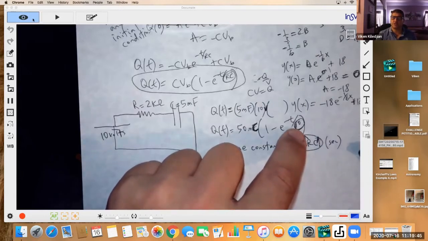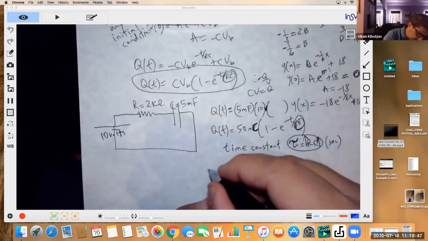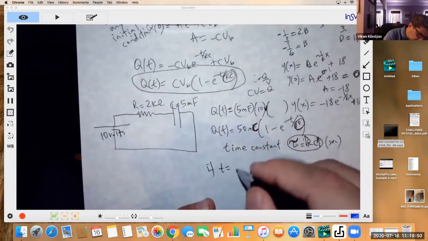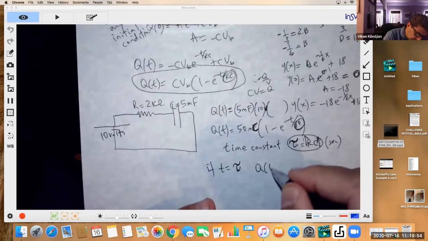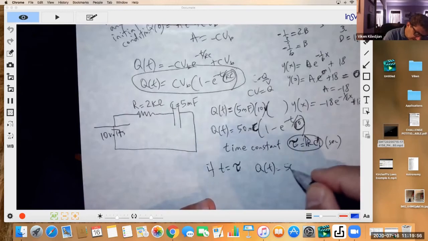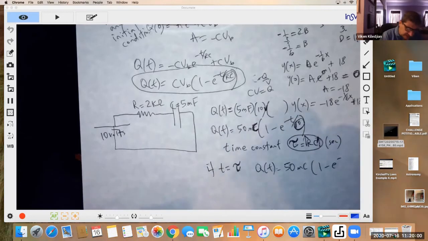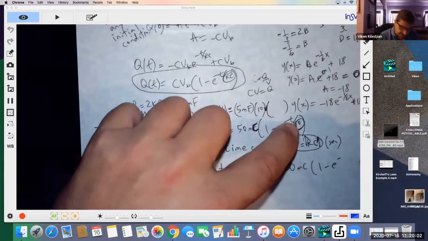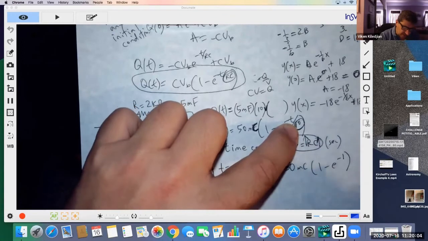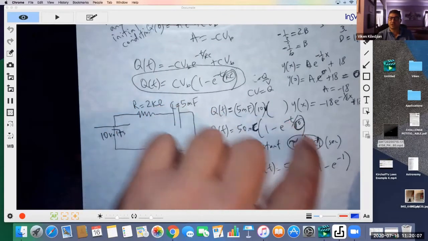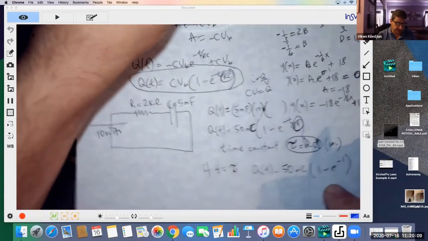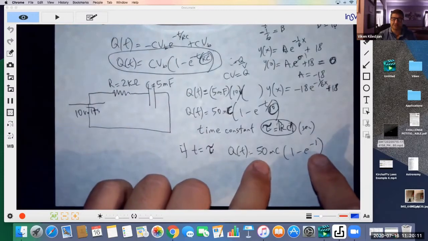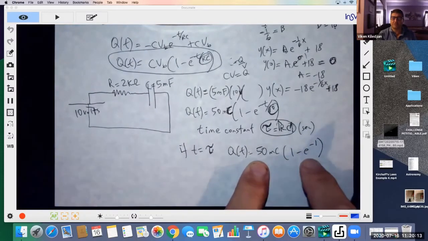So in one time constant, what's going to happen? At t equal to 1 time constant, q as a function of t, 1 minus e to the minus, when t is equal to 10, you're just going to get 1 here, right? And within one time constant, this will always be true.